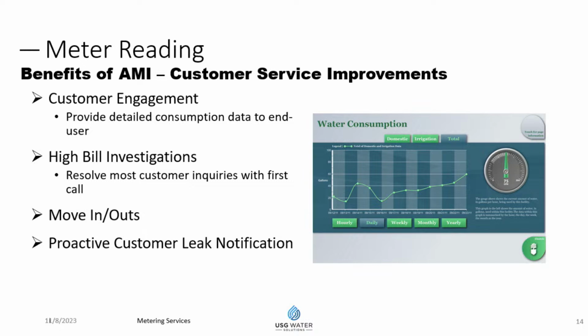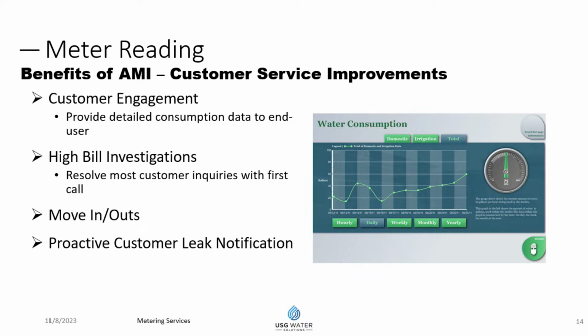So if the customer requests a copy of their consumption for a certain period of time, that can be provided. High bill investigations. Again, we can resolve most of the inquiries just by looking at it in Aclara One and looking at consumption data and provide that to the customer.